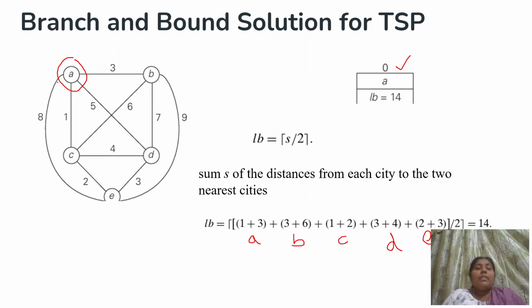From A, we have 4 edges: 8, 1, 4 as well as 3. The smallest distances are 1 as well as 3, so I consider 1 plus 3.